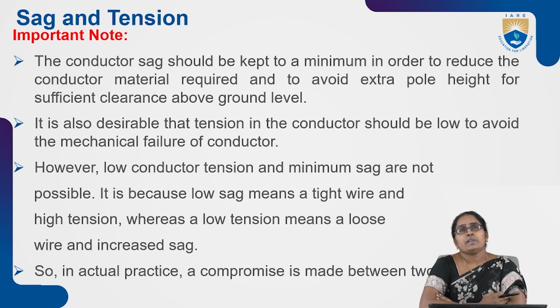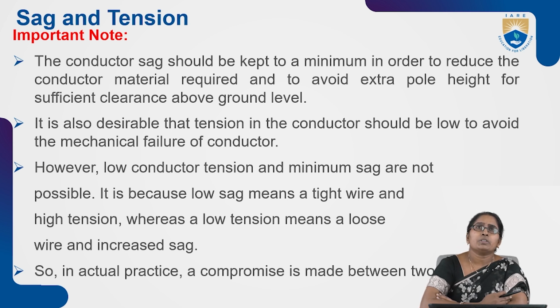First point, the conductor sag should be kept to a minimum in order to reduce the conductor material required and avoid extra pole height for sufficient clearance above ground level.